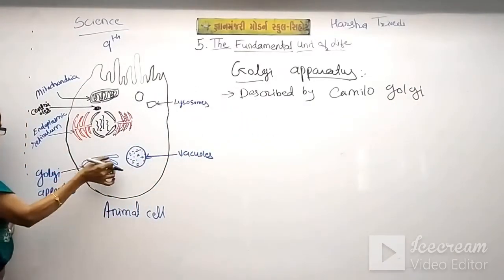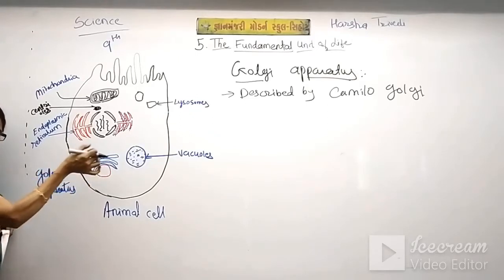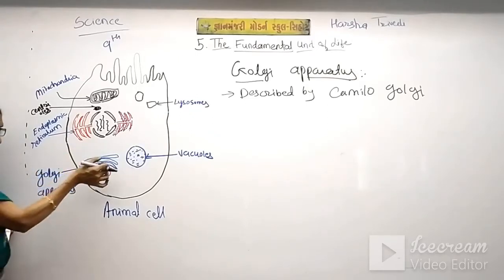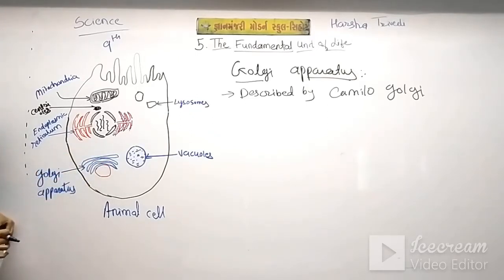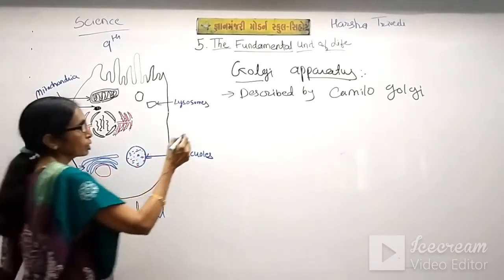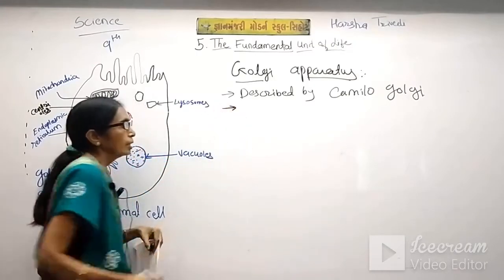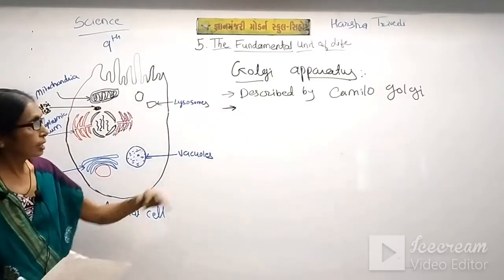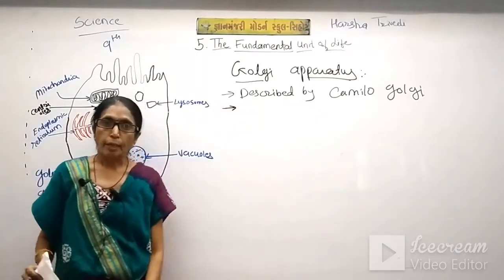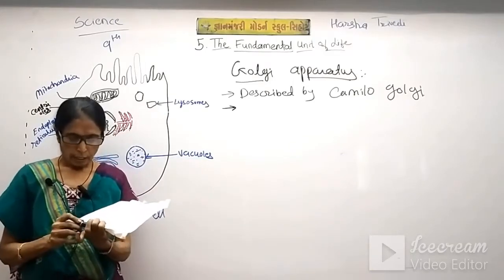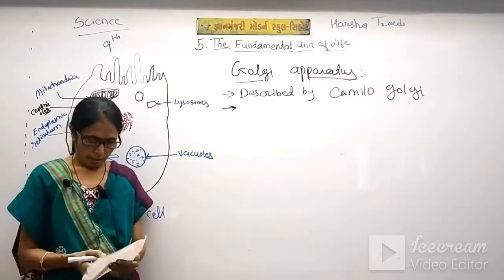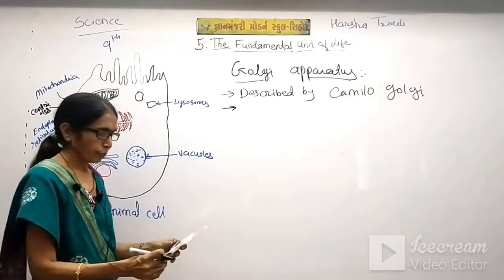It has stacks which are present approximately parallel to each other, and we will see the structure and function of this Golgi apparatus. It is discovered or described by Camillo Golgi, one of the very famous scientists.